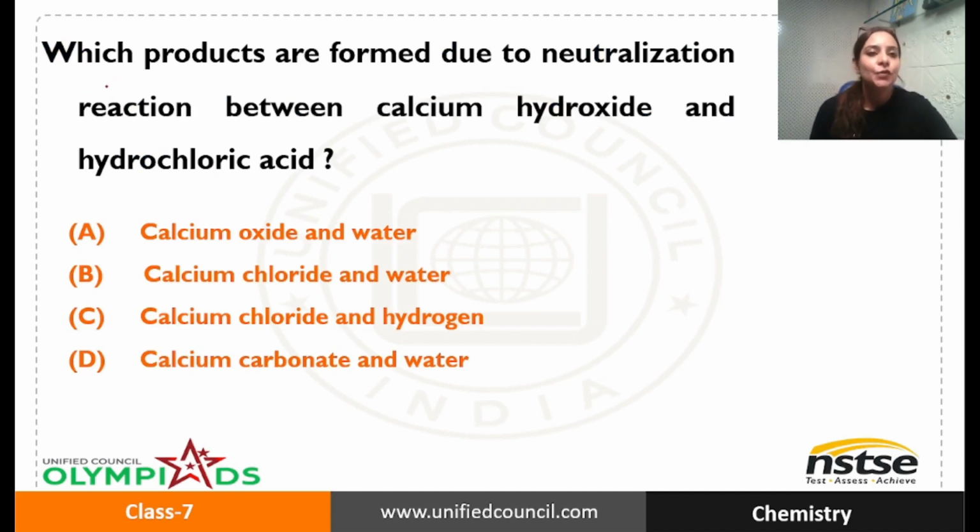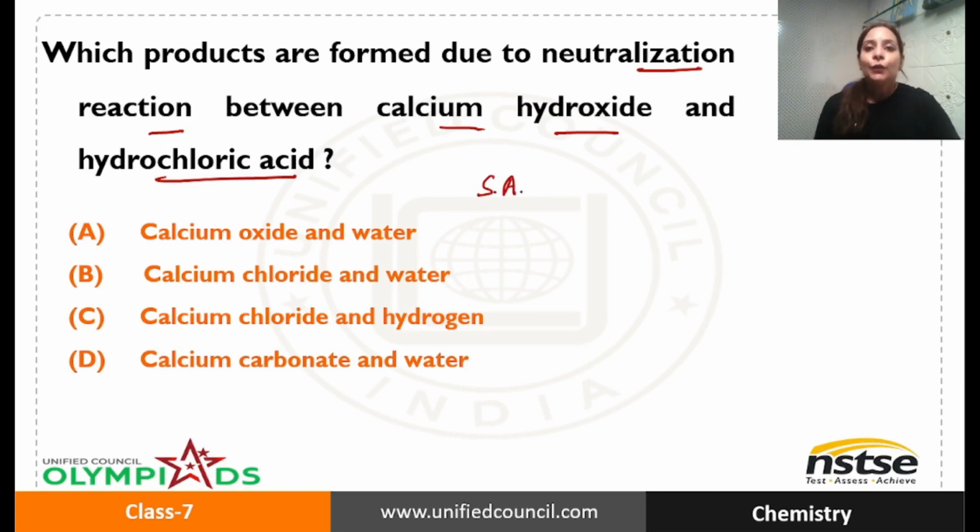Okay, another question: which products are formed due to the neutralization reaction between calcium hydroxide and hydrochloric acid? Students, if you remember about neutralization reaction, you have to recall the concept every time you see the question. Before reading the options, my tip is to recall the concept.